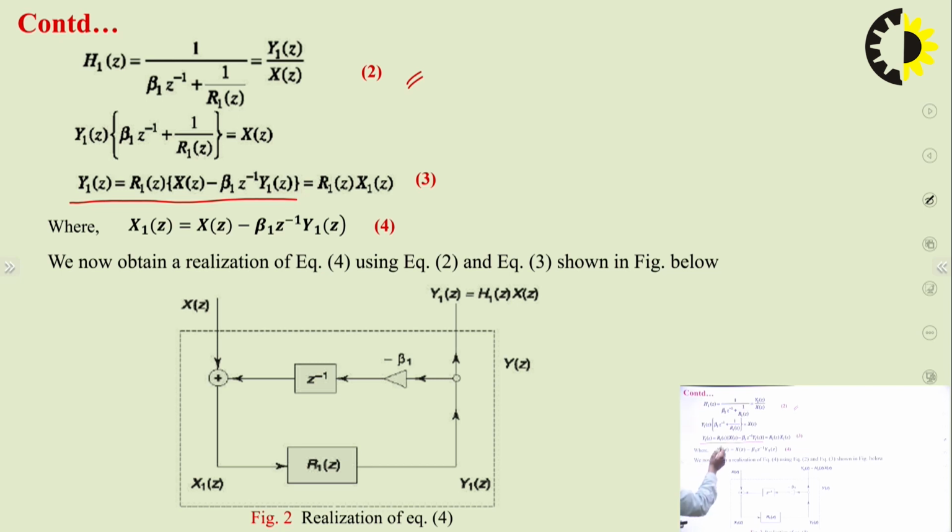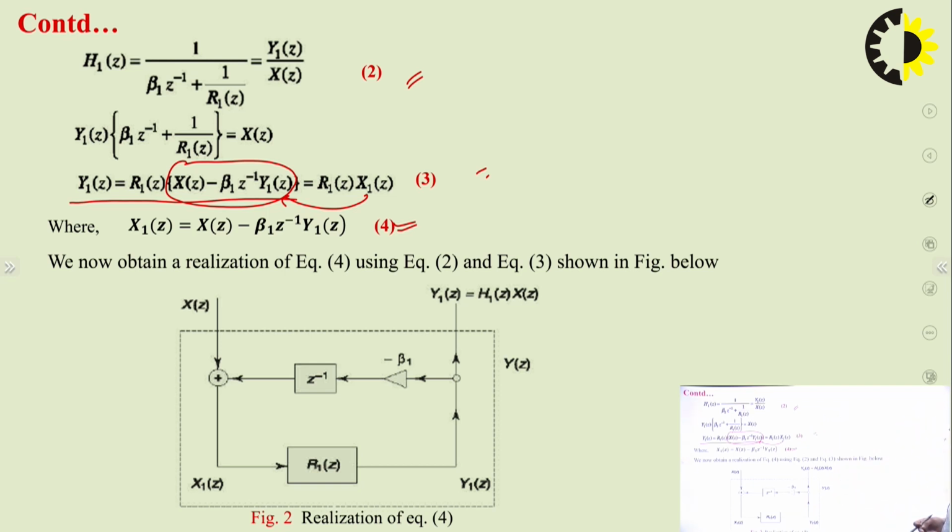Now we assume this term is equal to X1(z). So X1(z) will be equal to X(z) minus beta 1 z to the power minus 1 Y1(z). You can see this as equation number 4, and this is equation number 3.